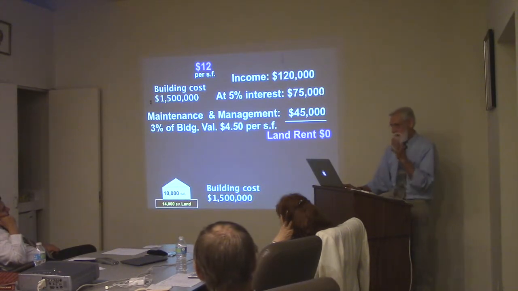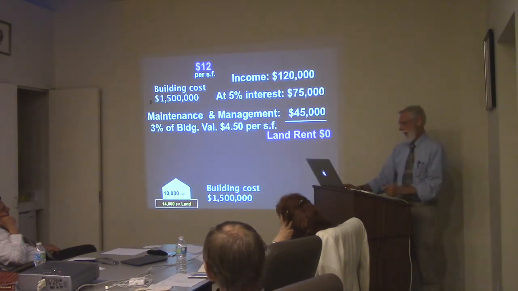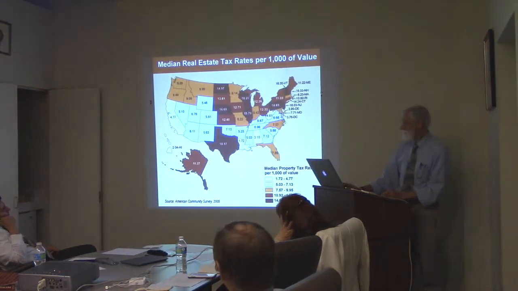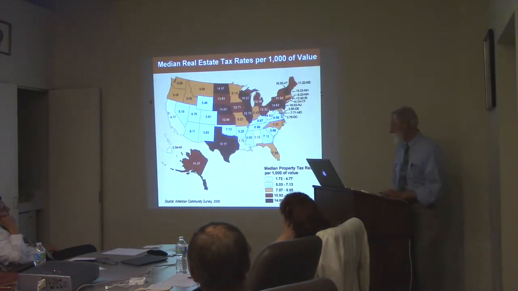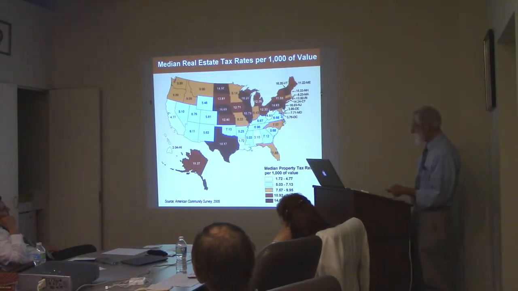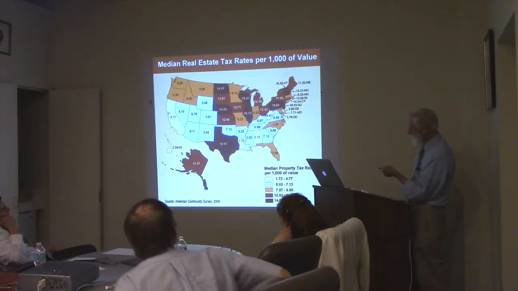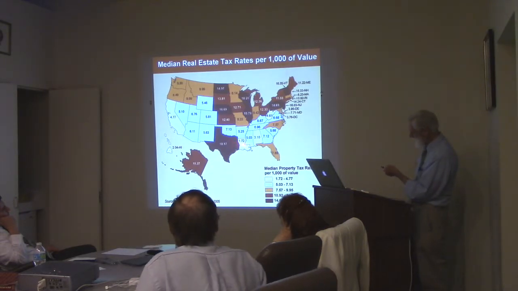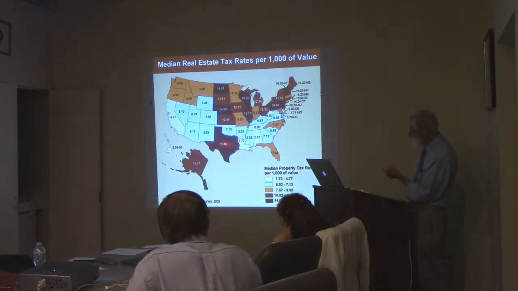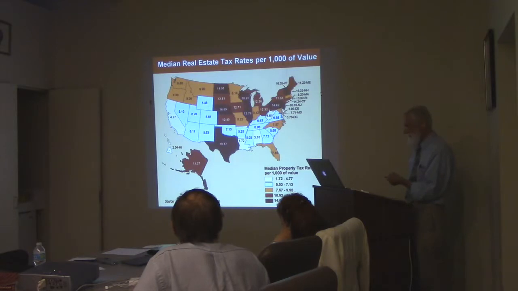Now I want to put in a real estate tax, because everybody pays a real estate tax. But if you look at this map, you can see there is no standard or average real estate tax. If we go to Louisiana, it's about 1/10 of 1%. If we go to Texas, we get 1.8%.